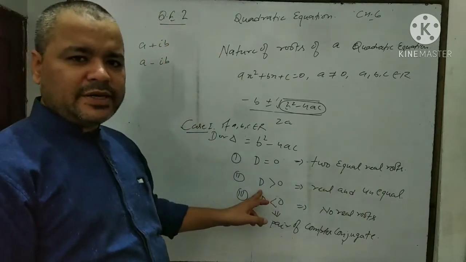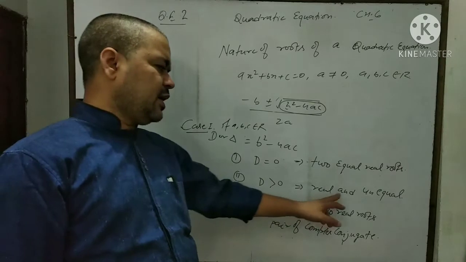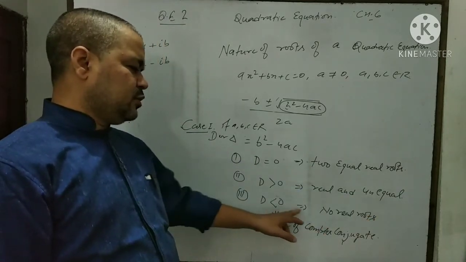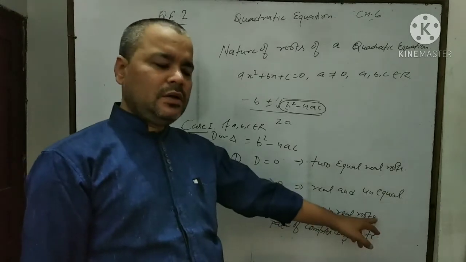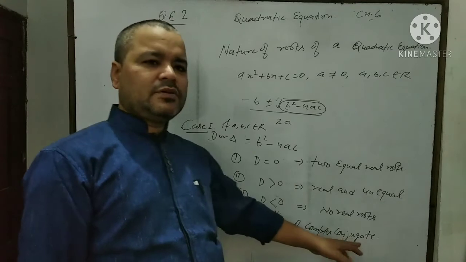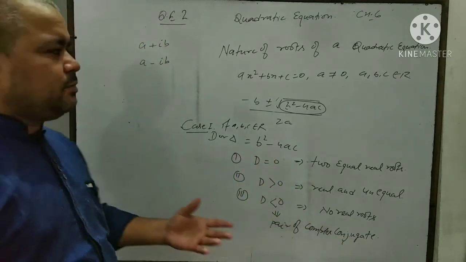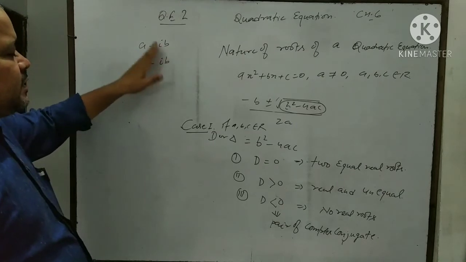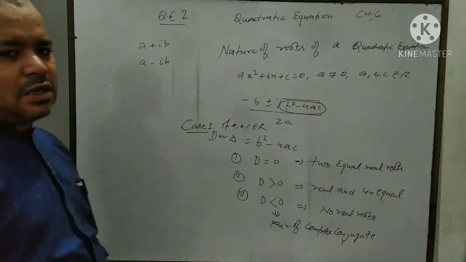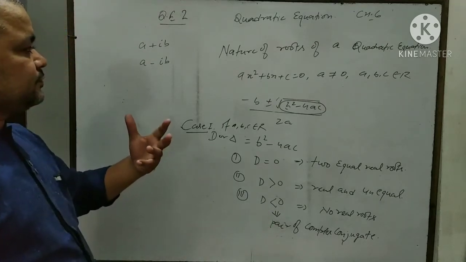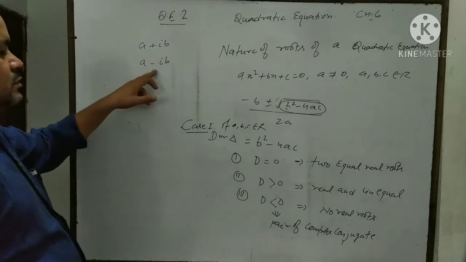If the discriminant is greater than 0, then it has real and unequal roots. But if the discriminant is less than 0, then no real roots are possible, and it gives a pair of complex conjugates. If we have a complex number a plus ib, its conjugate will be a minus ib. In this situation, the roots will be in this form.